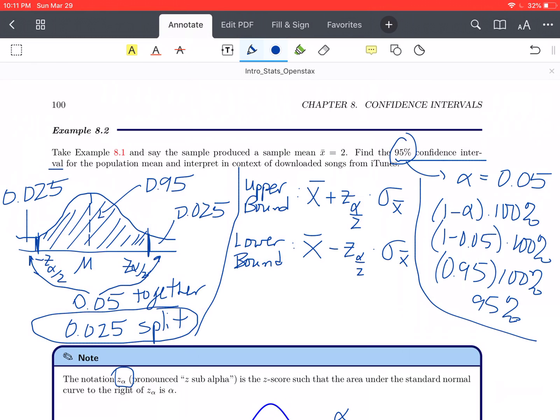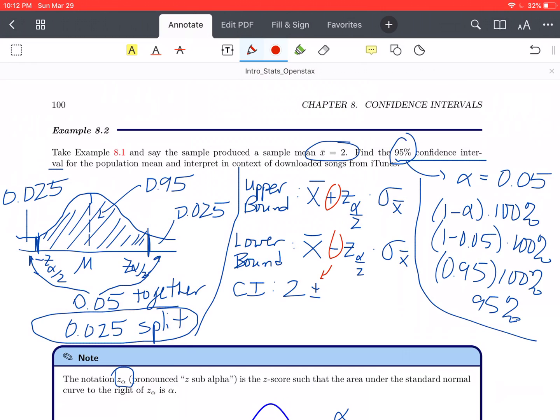Okay. So, in order to figure out these values, well, we already know x bar. That was given to us in the problem. We found the standard deviation in the last example. So our confidence interval is going to be 2 plus or minus. Now when I write plus or minus, in case you haven't encountered this symbol before, it just encompasses both of these cases.